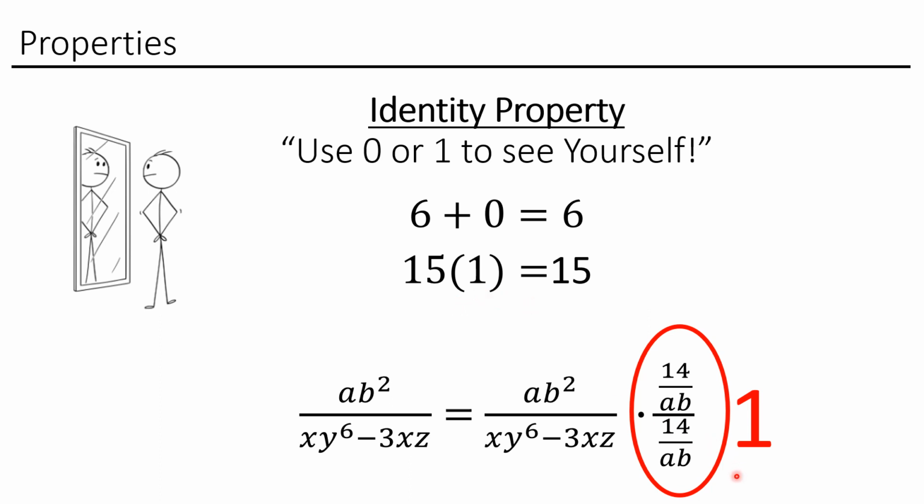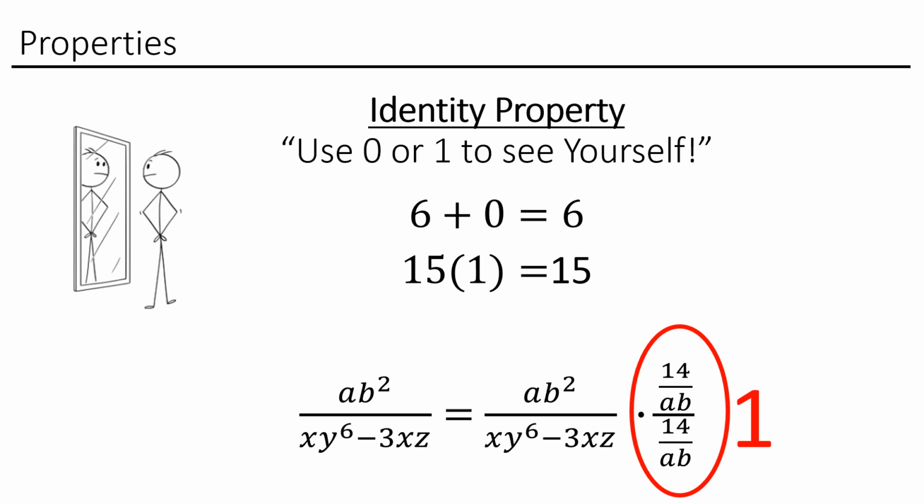So you have to look out for tricky versions like this. Anytime you have something really ugly, I want you to think, oh my goodness, are they trying to pull that trick where they're making one look really weird? They probably are. So be on the lookout for that. That's the identity property. They've disguised one to make it look weird.